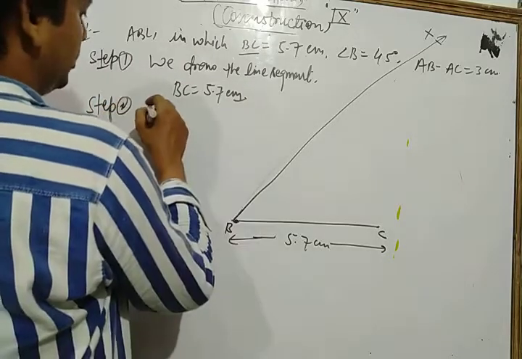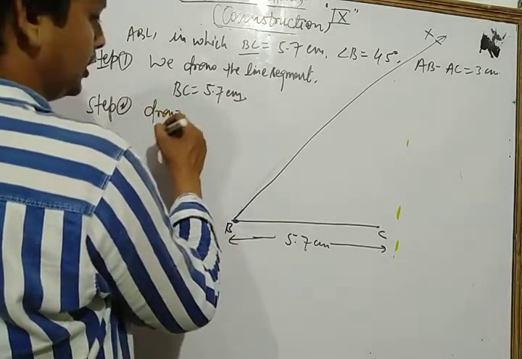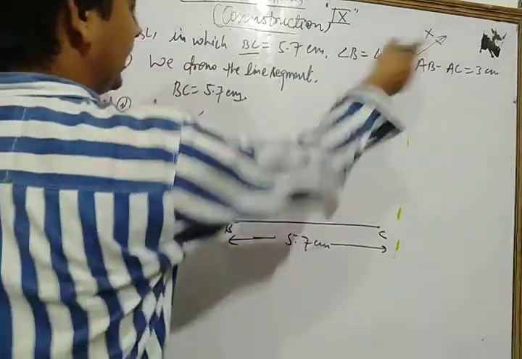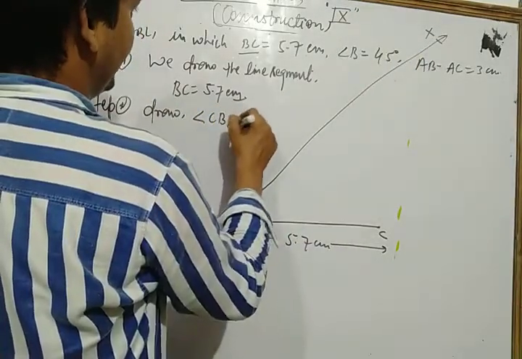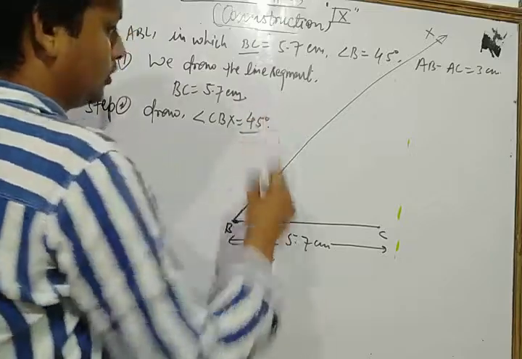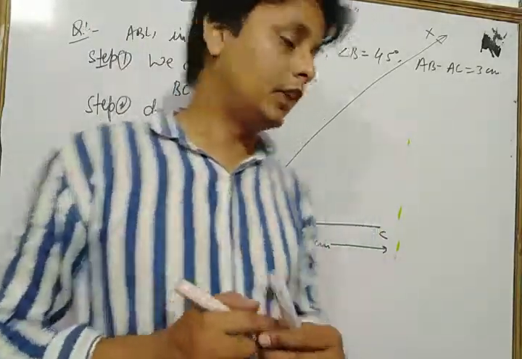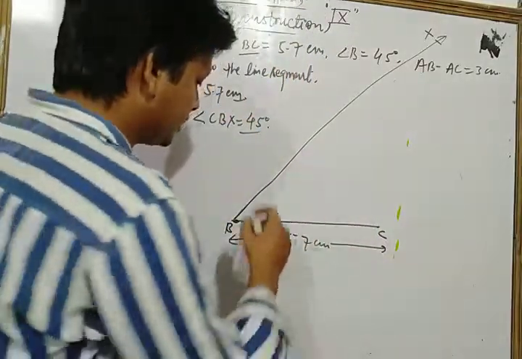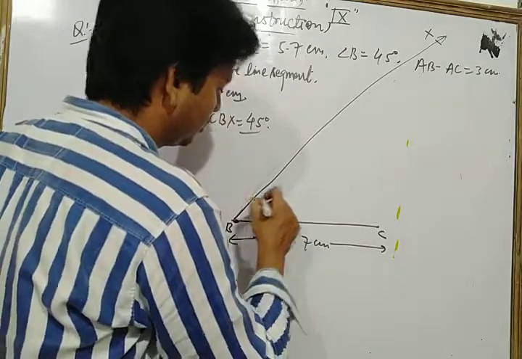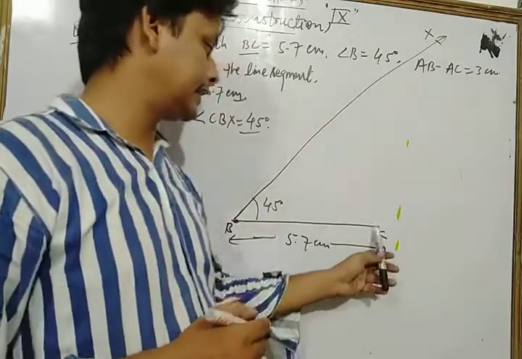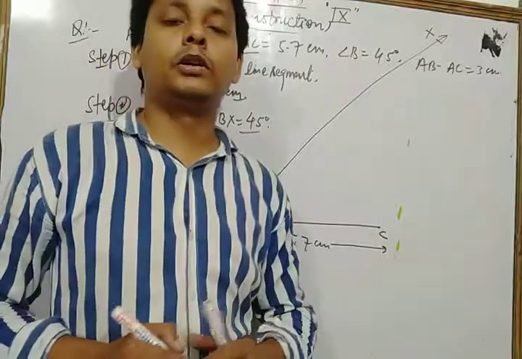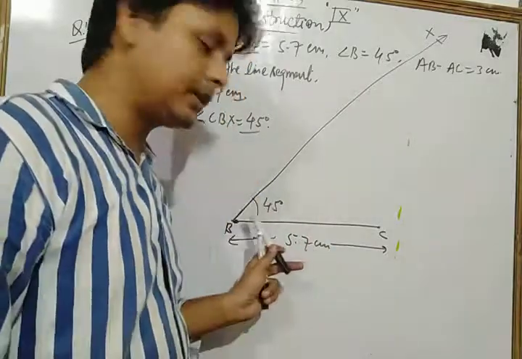In step 2, draw an angle CBX as 45 degree. In the second step we construct an angle 45 degree as angle CBX, because this is one base angle.